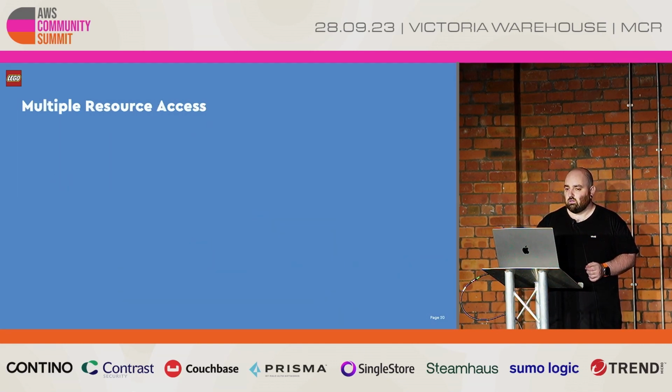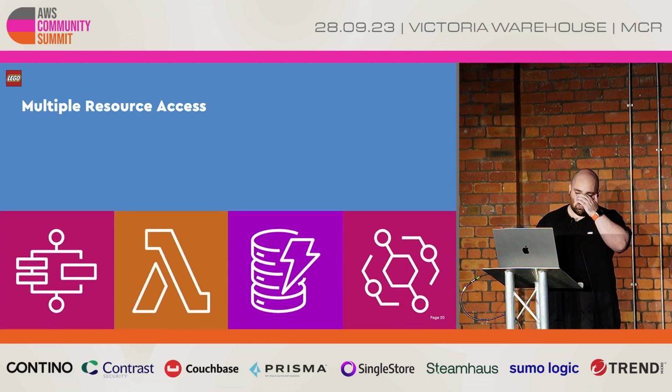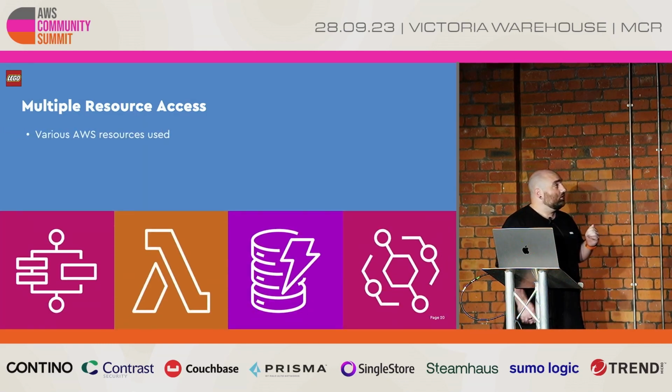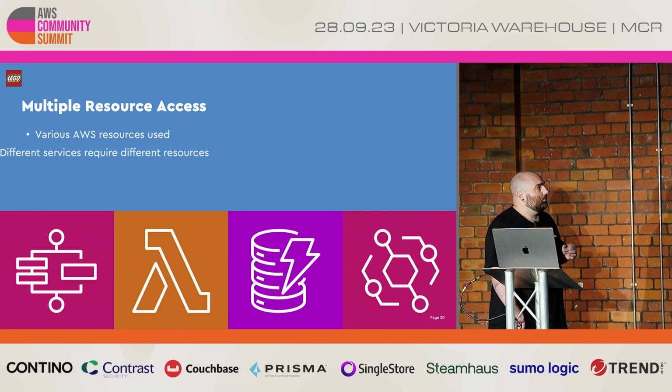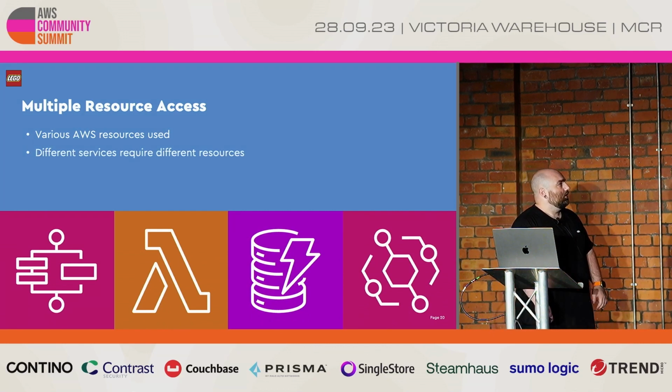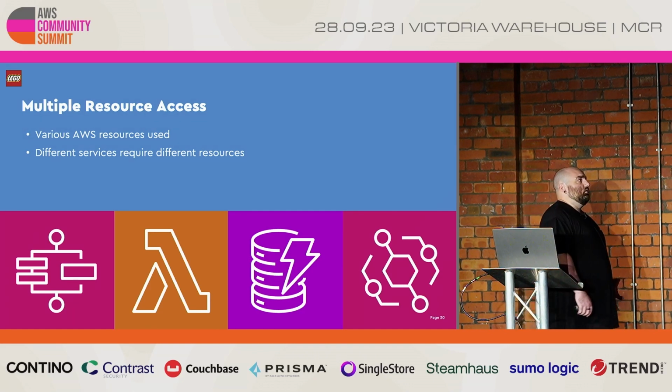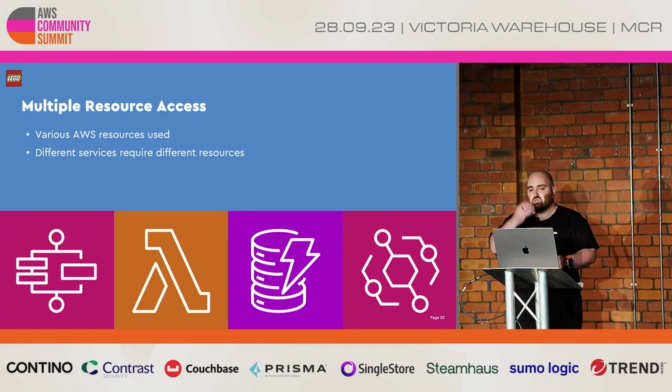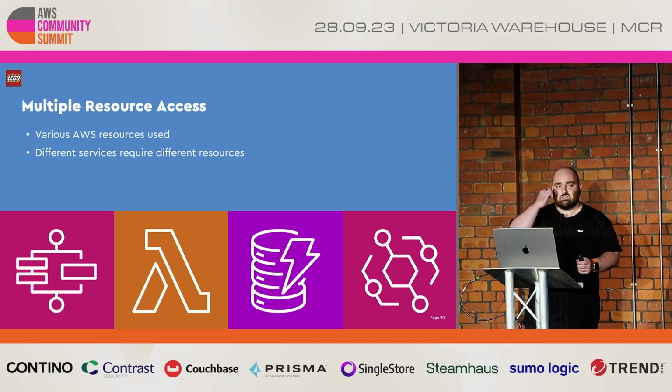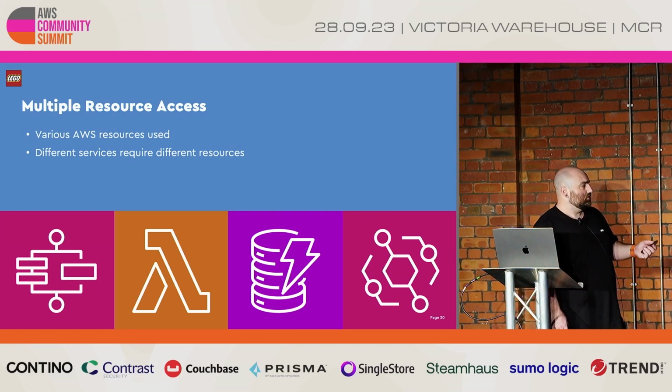So you'll notice that we use quite a few different resources across the AWS spectrum of products. And that's because different services require different resources. We don't want to box ourselves into just using one resource across all our services.